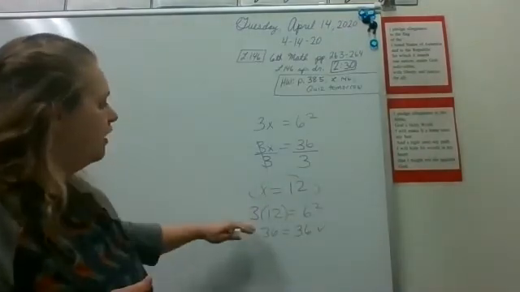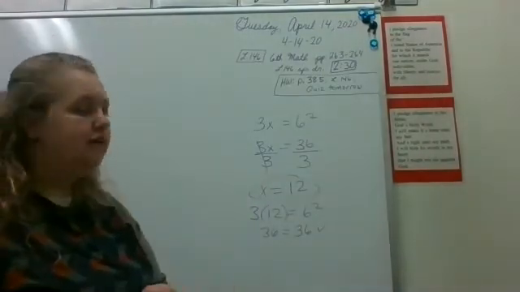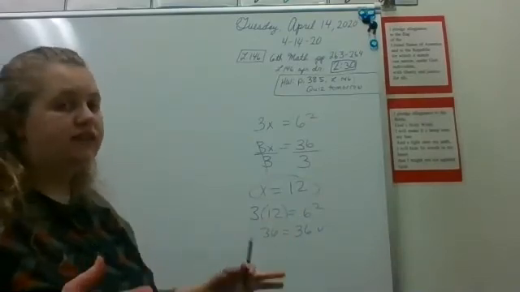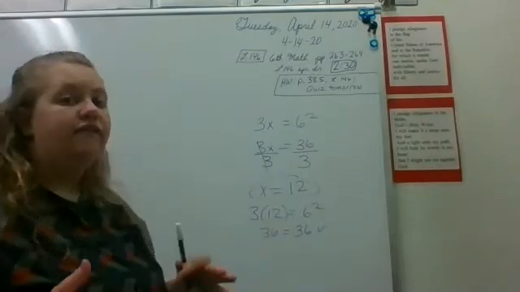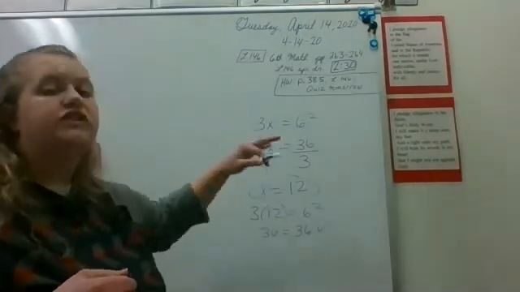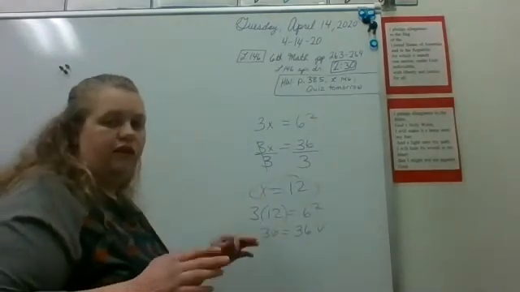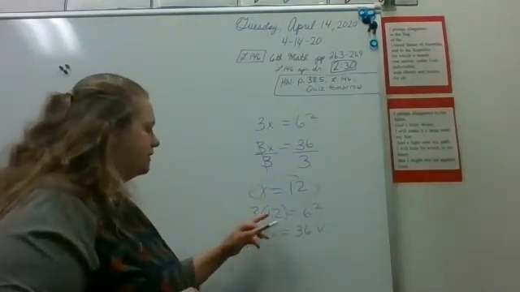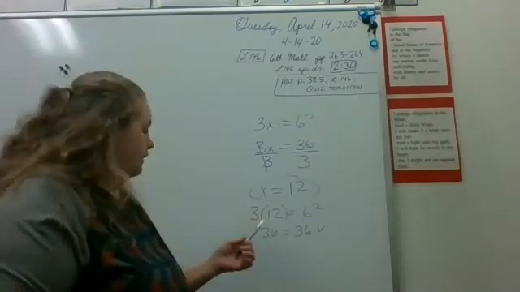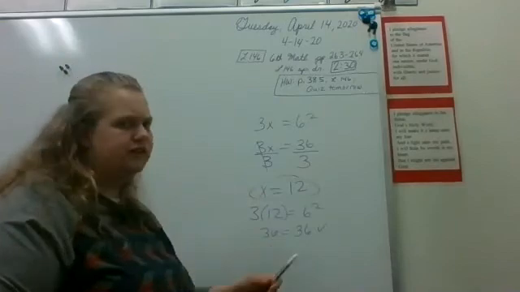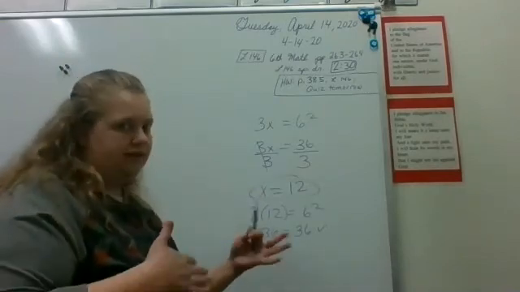Okay, so if you do this and you plug it in, as long as you did the processes right, if the numbers match up, then you got it right. If they do not, then you need to go back and check something. But sometimes it is just a matter of a little bit of error. Maybe you multiplied 3 times 12 and completely forgot and put 24. And then you're like, 24 doesn't equal 36. But you're right, that doesn't.